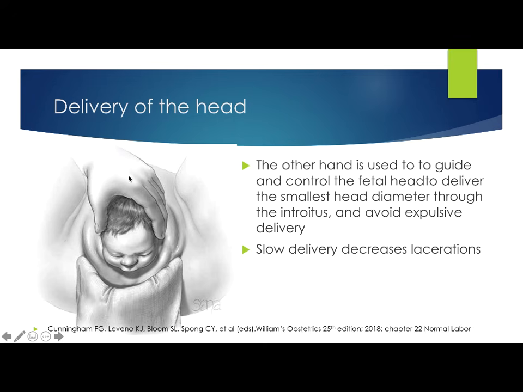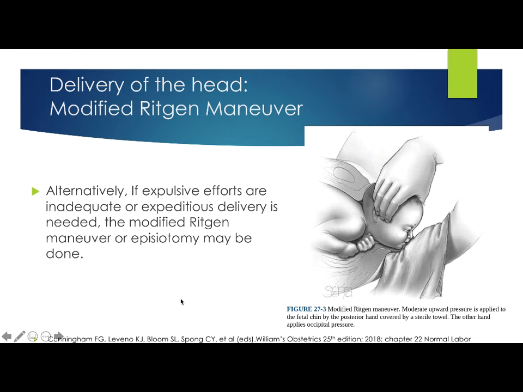Your other hand is positioned over the head of the baby to guide and control the fetal head, to deliver the smallest head diameter through the introitus and avoid expulsive delivery. Slow delivery decreases lacerations of the genital tract. Alternatively, if expulsive efforts are inadequate or expeditious delivery is needed, then a modified Ritgen maneuver or episiotomy may be done.